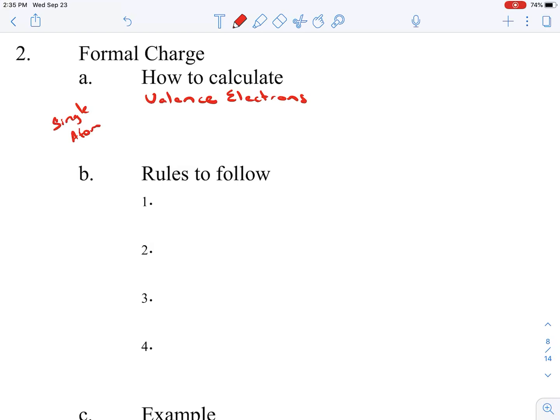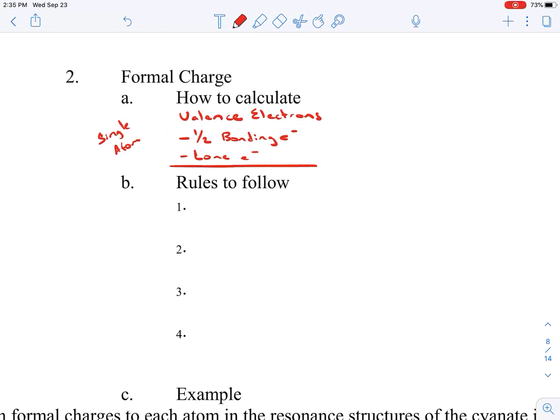So we've got valence electrons, minus half the bonding electrons, which makes sense because only half of them can be involved, and then minus all the lone electrons, and that will give us our formal charge. And our formal charge helps us decide what Lewis structure to draw.